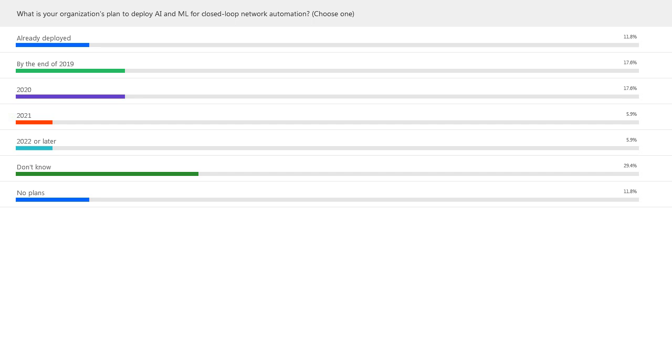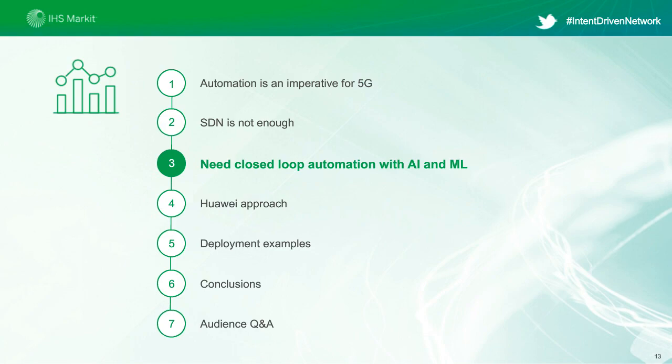And then there are a lot of people who still don't know. That also makes sense. I think the results from our own surveys would match this: some have deployed, the next 2 years are going to be a watershed time when AI and ML go mainstream, and then there are a lot of decisions still to be made. There are a lot of people who are still looking at things but haven't made any decision as to when they will plan.